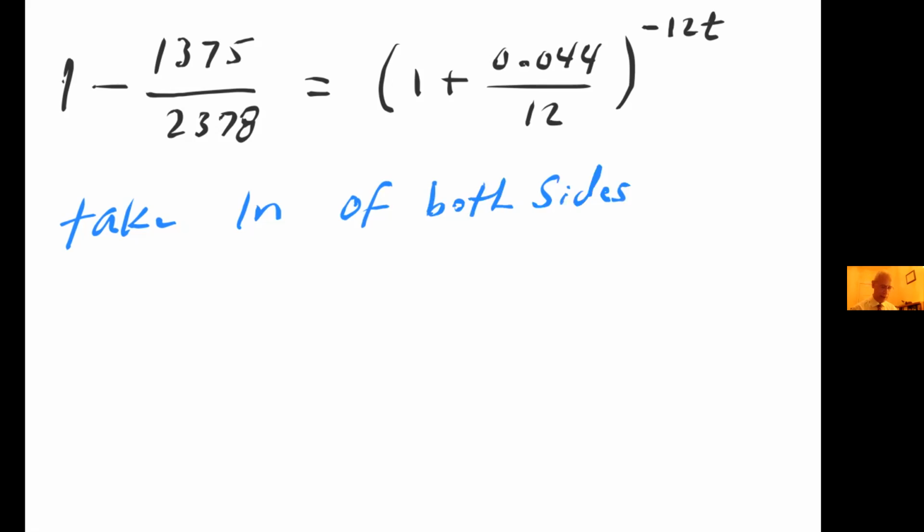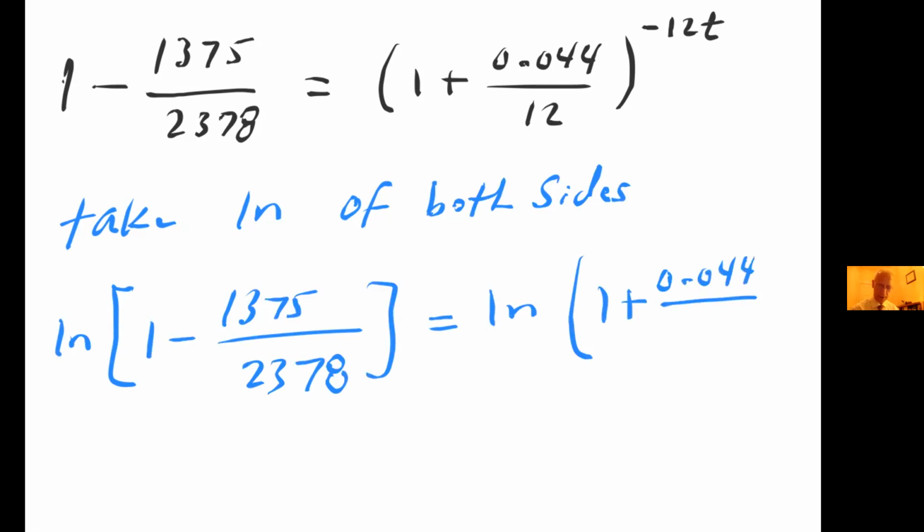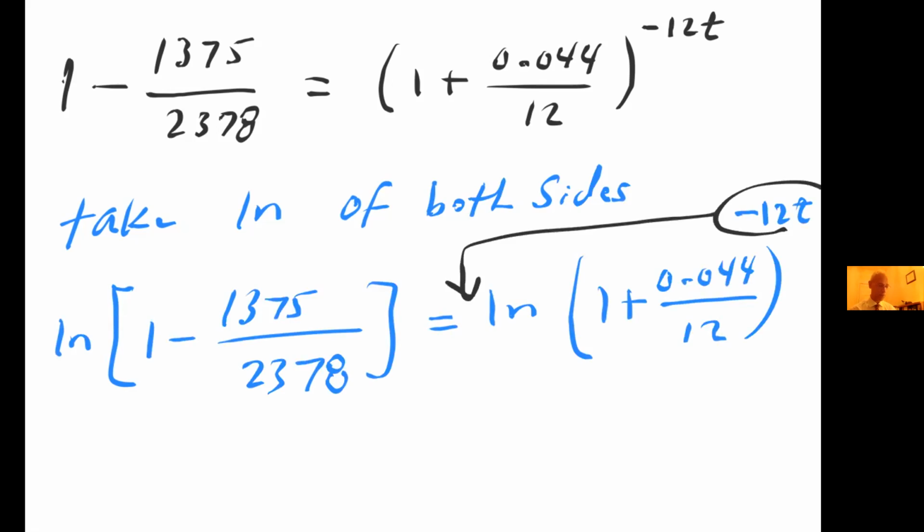On the left-hand side, I have the natural log of 1 minus 1,375 over 2,378, equals the natural log of 1 plus 0.044 divided by 12 to the power of negative 12t. Now I can use the laws of logarithms and bring this down as a coefficient.